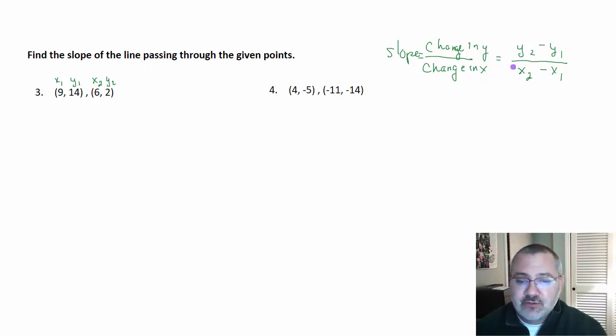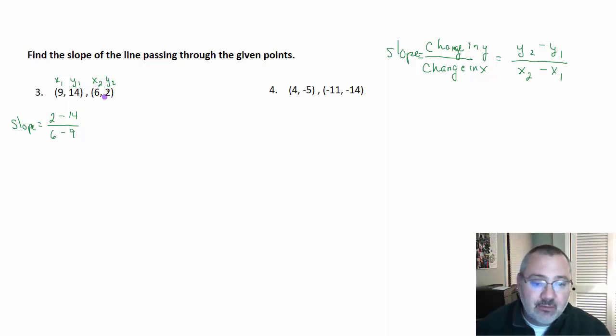So if we use this formula to find our slope, we can take our second y, or 2, minus our first y of 14, divided by our second x of 6, minus our first x of 9. We could have put 9 minus 6 here, but if we did that, we'd have to do 14 minus 2. So make sure whichever point you choose to put first, the x's and y's have to come first in that case.